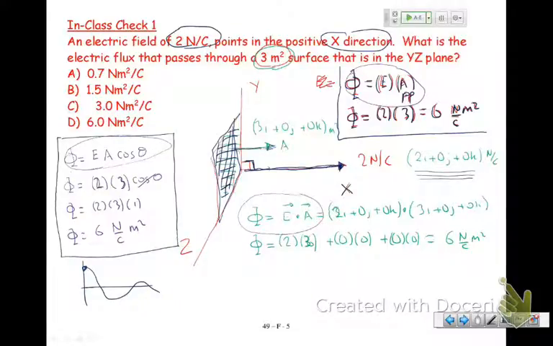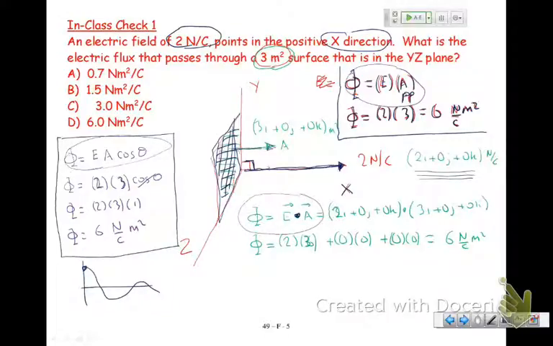And then you say, well, what's my area vector? Well, my area vector is going to be 3 units long, and it's going to be perpendicular to the yz plane. Oh, that's going to be 3i plus 0j plus 0k. So I've broken my electric field and my area into ijk. And then I simply do the dot product.